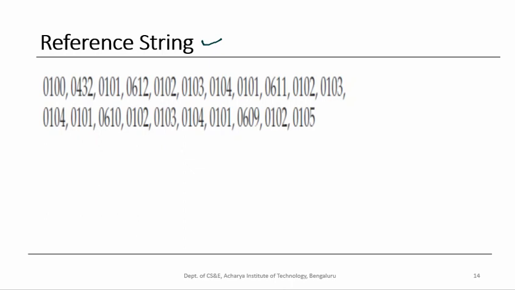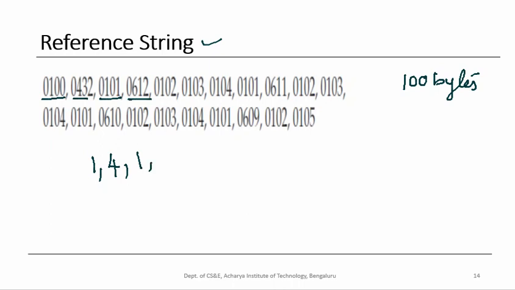Now let's assume that each page has 100 bytes, starting from 0100. So this 0100 is a reference made to the first page. Let me number that page as 1, and this 0432 is a reference made to page 4, and this is a reference to which page? 1.